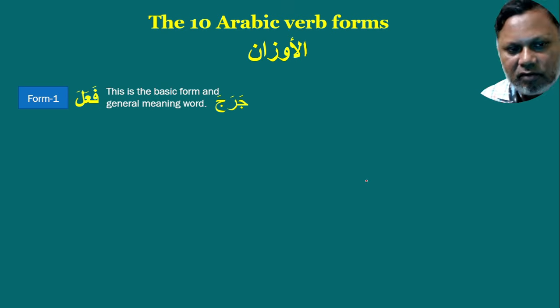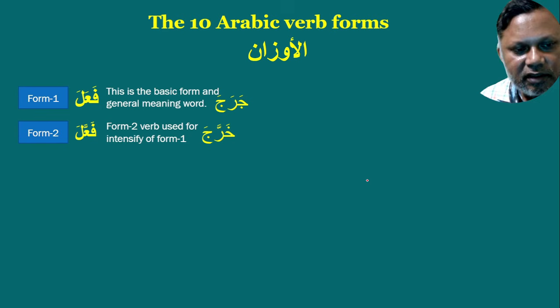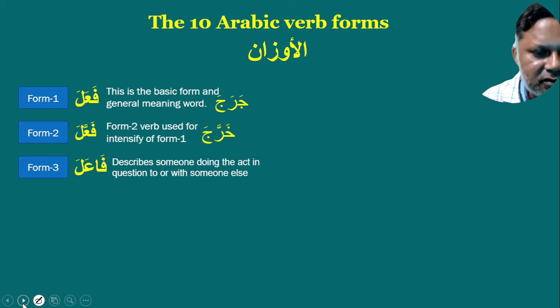And form 2 also comes from form 1 by making the middle letter double. Fa''ala, the second form of the verb, is derived, kharraja. And form 3 is also derived from form 1, fa'ala.